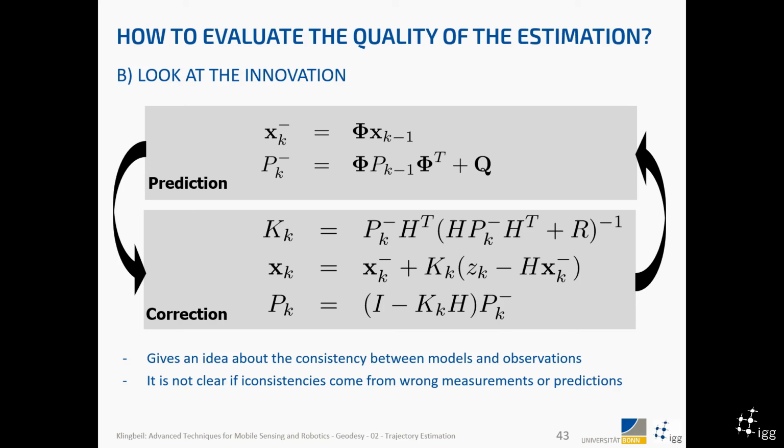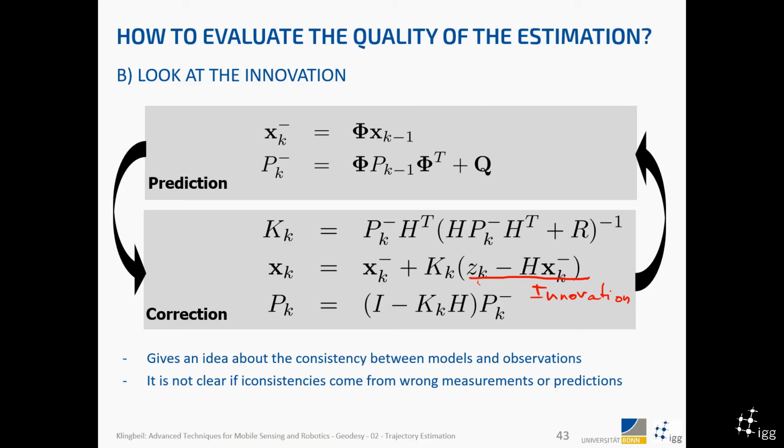Another good thing which helps is to look at the innovation. The innovation is the difference between the actual measurement and the predicted measurement. So this basically says how consistent your predicted state is with the measurement that you actually make.